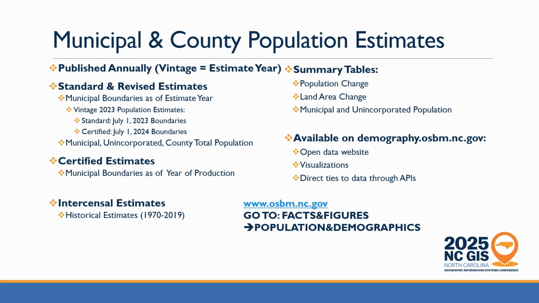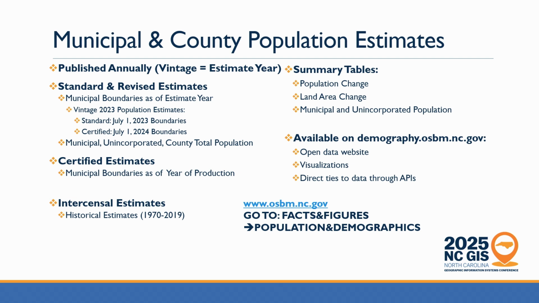These are published annually, always in September of every year. We produce population estimates, and they usually lag a year, so I'm working on the July 1st, 2024 population estimates. There are two different geographies referenced, depending on whether it's the certified or standard municipal boundaries.